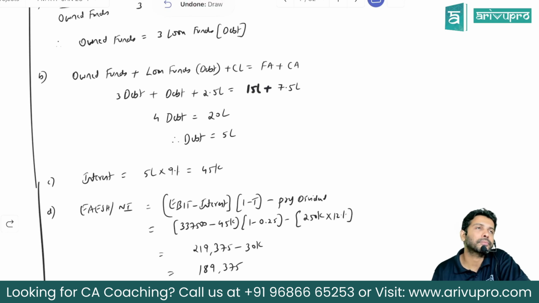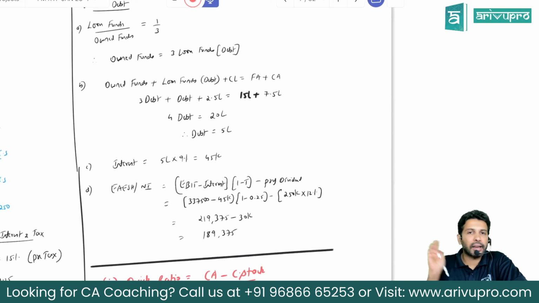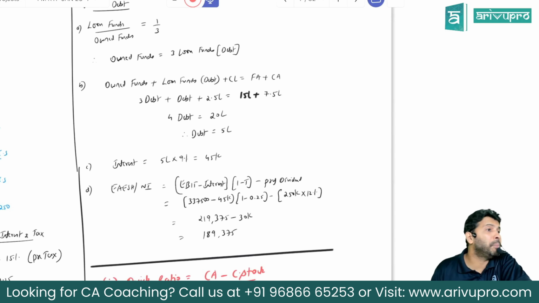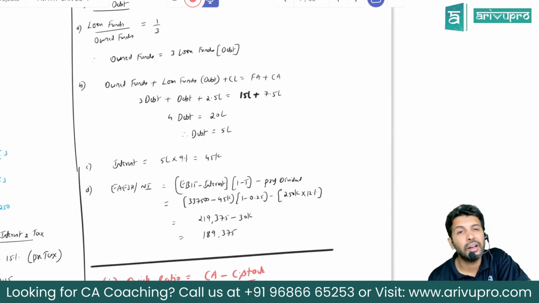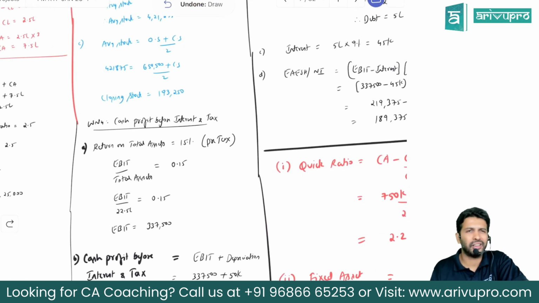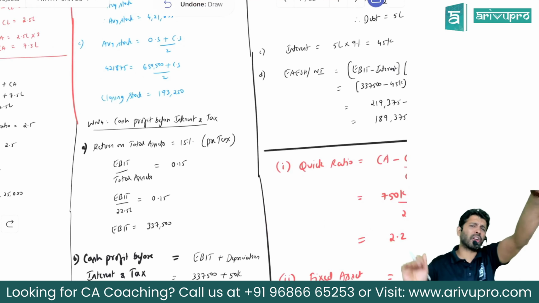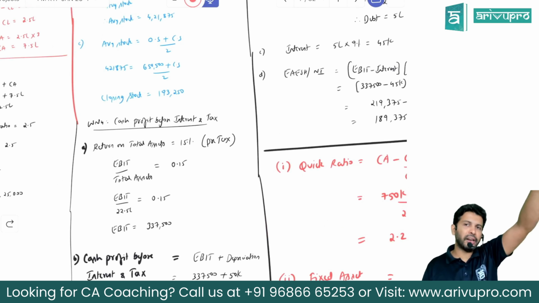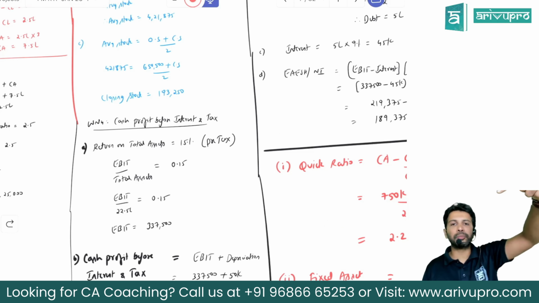Any problem? No. Now, one more working note we can put up, and then we can calculate all the ratios together. They also asked for EPS. For EPS, we need EASH, but what we have got is EBIT. You can put up a normal format. From EBIT, reduce interest and you get earnings before tax.